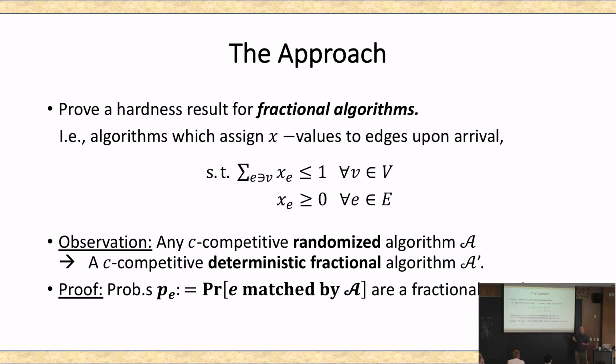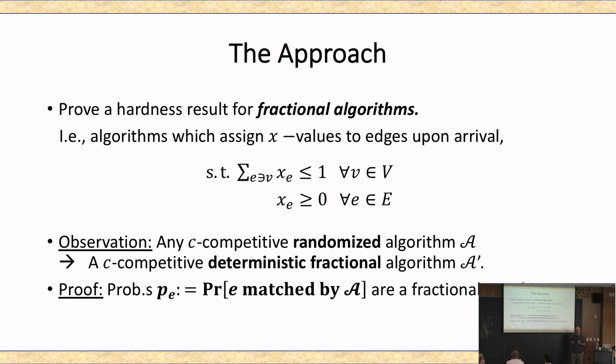So here's one thing to notice. What I'm defining here is by no means an efficient algorithm. If you want to figure out what these marginal probabilities are, one way you could go about this is to keep a table of probabilities for every set of possible free neighbors at every point in time.